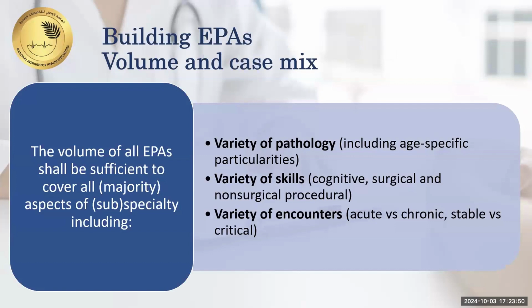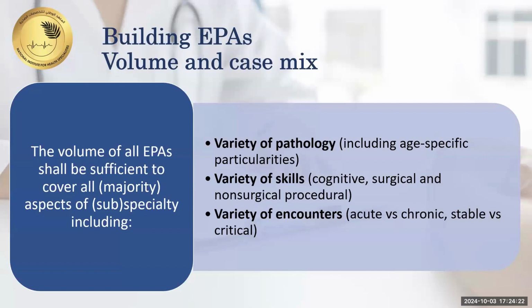The volume and the case mix covered by the EPAs is extremely important because they have to cover sufficiently, if not all, at least the majority of the aspects of that specialty or subspecialty. And this will include the variety of pathology or the case mix, including age-specific particularities: pneumonia in a newborn, pneumonia in an adult, pneumonia in a geriatric, or in a pregnant woman.